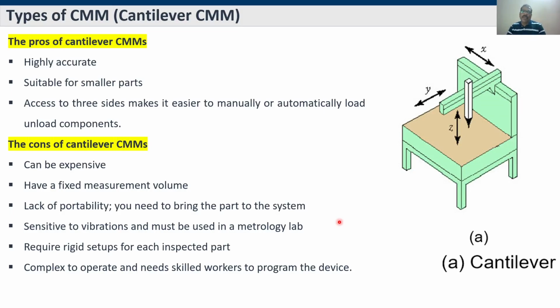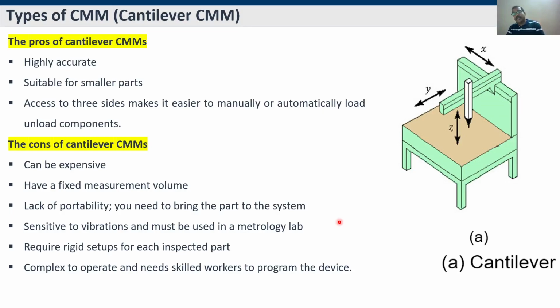Because if you have lots of dust or pollution, since there are moving components and air bearings, if some dust or particles go inside it will disrupt the movement of the axis. So it is difficult to achieve accurate or precise measurement. Not possible. So you need a controlled environment. That's why they always recommend it.